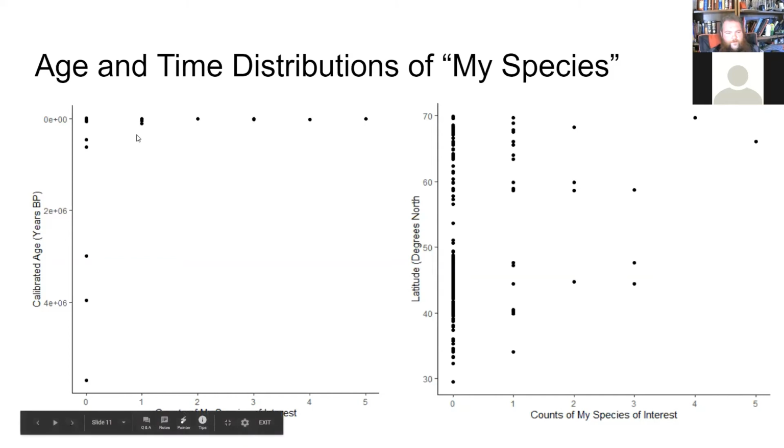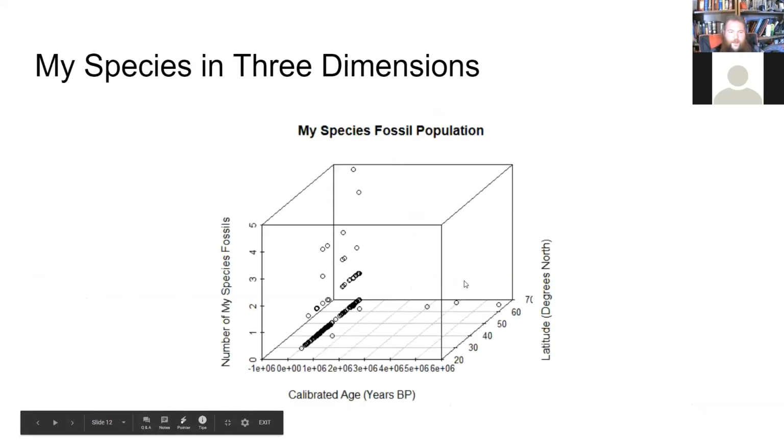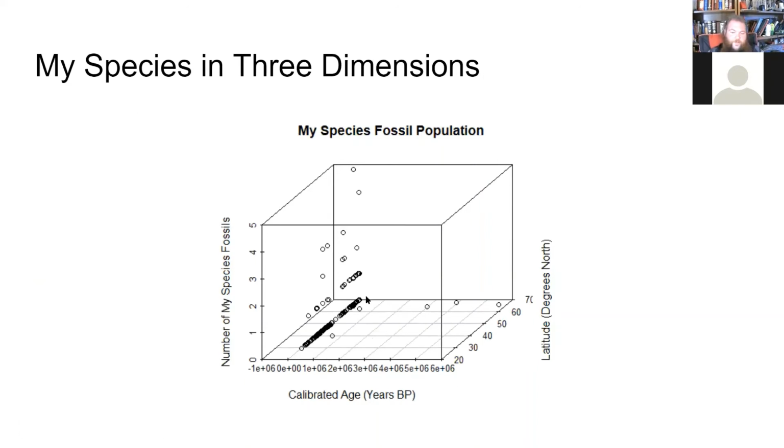Here are years where we found 1 weevil, years we found 2, etc. And then the latitude. This band is just places we've looked, and then here's the distribution where we find at least 1, at least 2, and at least 3. And then that same data is plotted in 3 dimensions. So this is the we've looked line and didn't find anything, and then this is the here we've found 1.